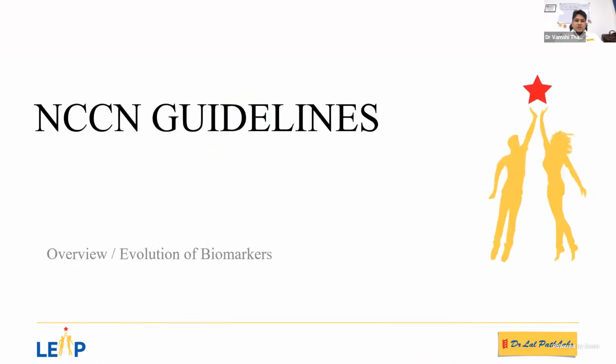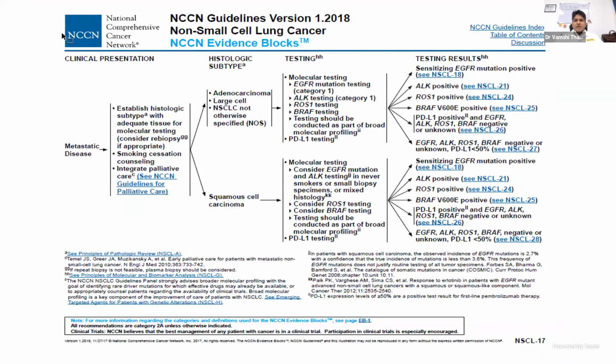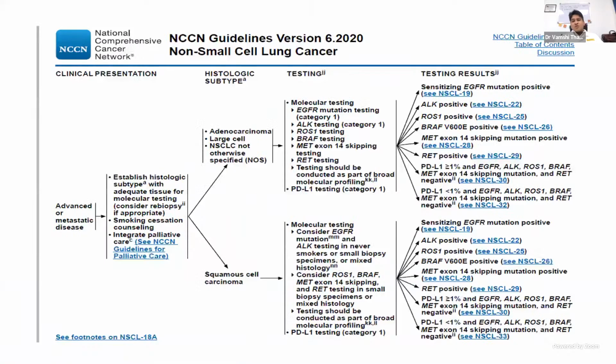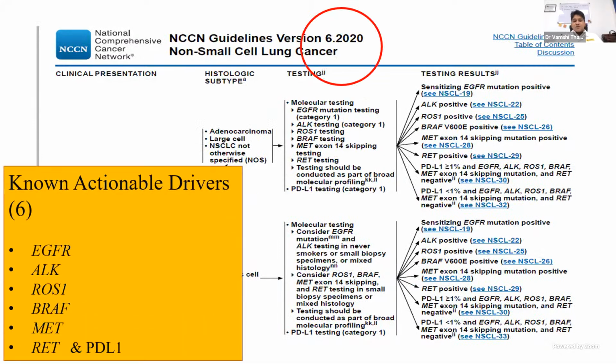And if you look at the technology, in 2005 it was NGS which was approved, and we still use that at this moment. A few slides on NCCN guidelines, wherein we look at the evolution of FDA approved biomarkers. In 2018, there was ALK, EGFR, ROS, BRAF. There were 4 known actionable driver mutations. Come 2020, this number has increased to 6 with the addition of MET and RET.